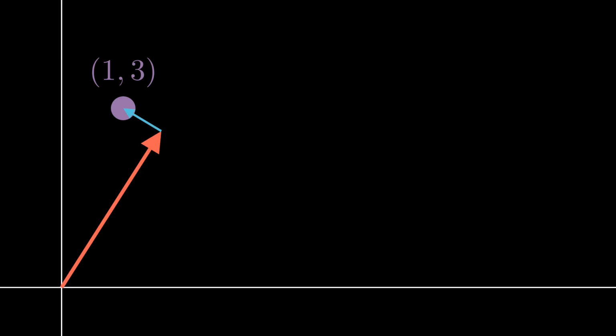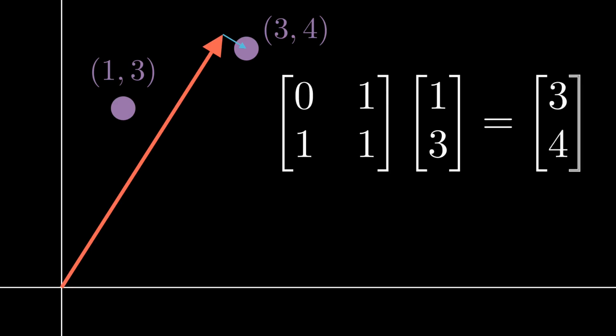We know that the v1 component is going to grow. We know that the v2 component is going to shrink, and also flip its direction. Transforming those two components, we end up at (3, 4), exactly the result we would have predicted from doing the matrix multiplication directly.